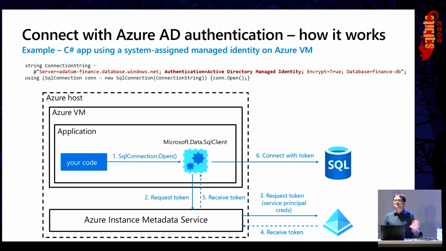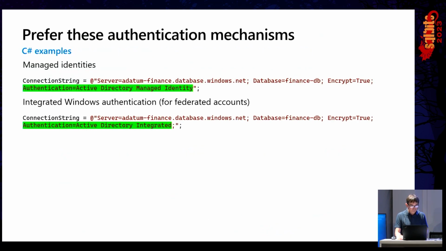But you don't have to worry about it. These credentials are magically and transparently managed and rotated for you. What happens is this runtime redeems these credentials for a token, passes this token to the client driver, and the client driver simply uses it to connect to the database. Super simple from the application's point of view, right? All the complexity is hidden below. No secret is exposed to the application code, okay?